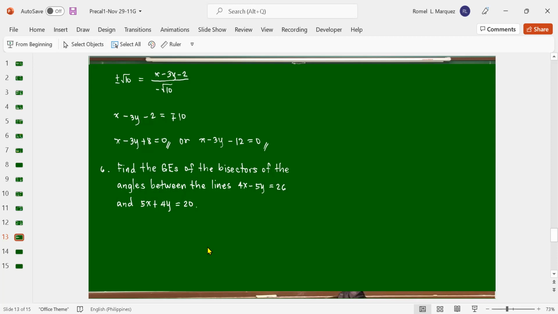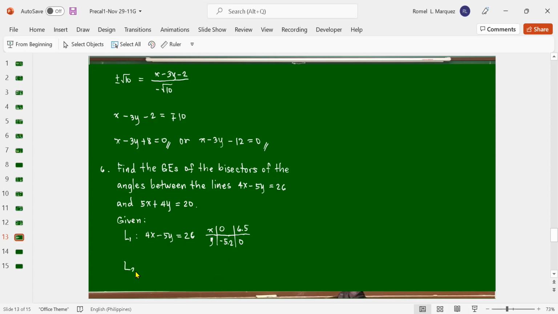Okay? So let's illustrate the given problem. Line 1, we have 4x minus 5y equals 26. Using tabular, when x is 0, y is negative 26 divided by 5, which is negative 5.2. If y is 0, we have positive 6.5.